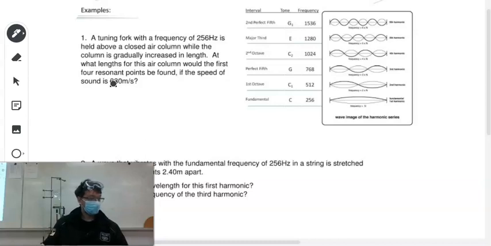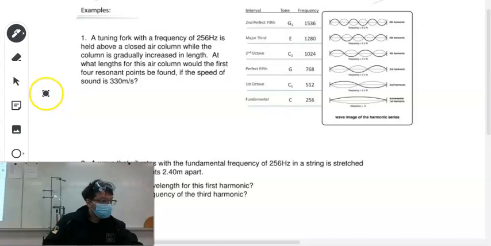Okay, if that's the speed of sound, now it's a closed air column, so we know the formula. Ln is (2n minus 1) all over 4 times lambda.